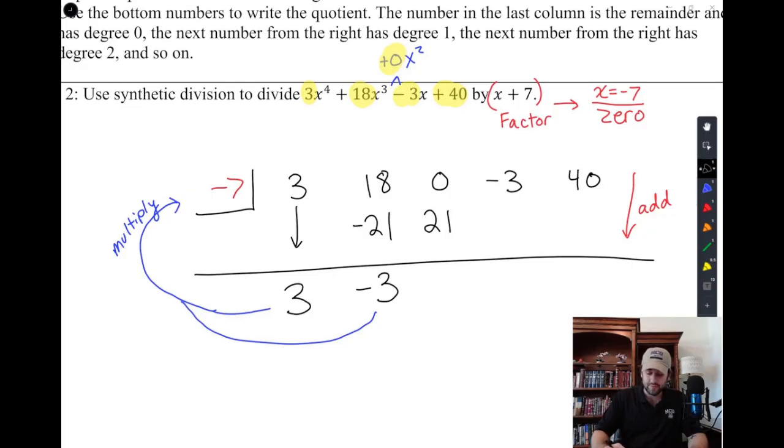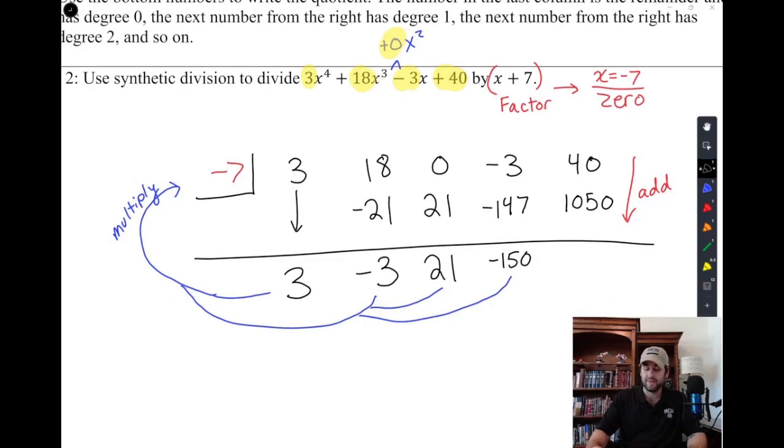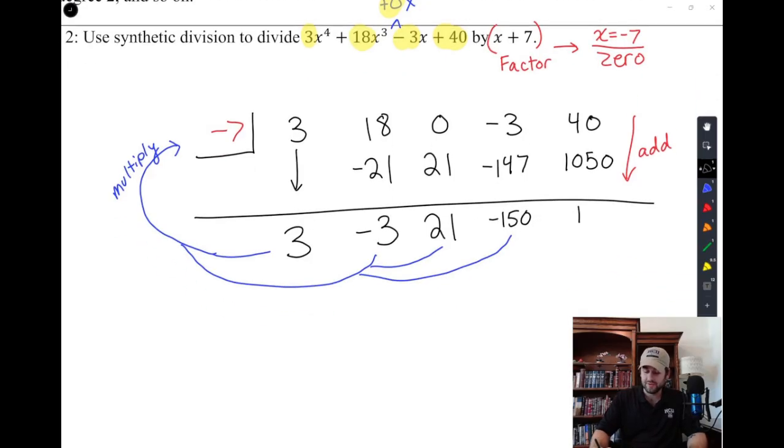And then we add those two numbers, which gives us 21. 21 times -7 is negative 147. And if you add those two numbers up, you get negative 150. And negative 150 times -7, you can definitely use a calculator for this, is positive 1050. And if you add those two numbers up, you get 1090, and your last number in the sequence is again your remainder.